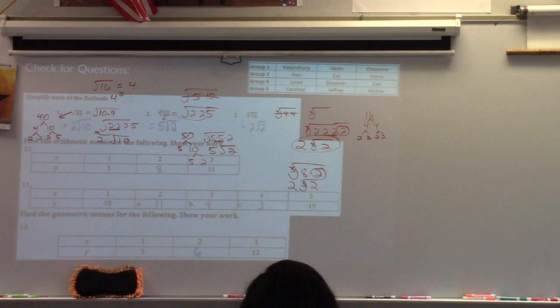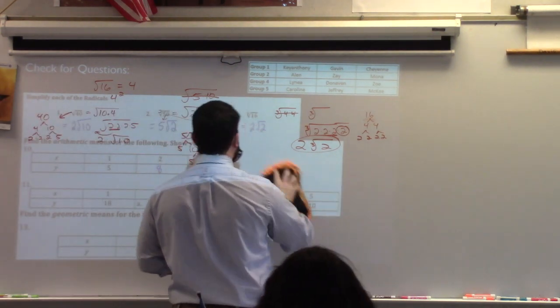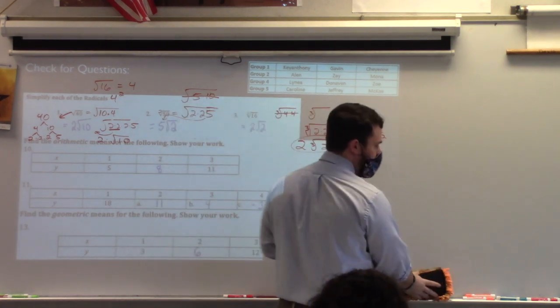What are your questions about numbers 1 through 3? We'll have some more practice tonight with 4 through 6 before it's an accuracy grade. No questions? Okay. Any questions about 10, 11, or 13 for these arithmetic and geometric means? 11?